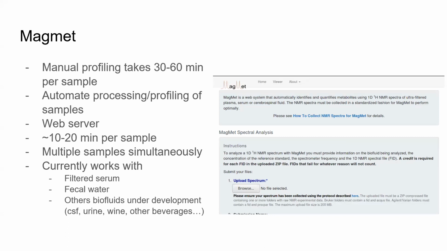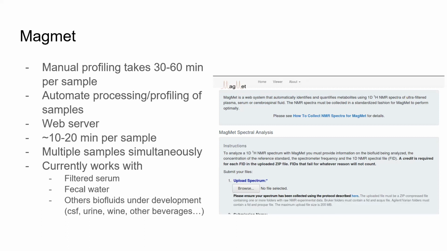There are instructions for how to collect NMR spectra and the specific file formats you need to upload a spectrum. Once you log onto the website, you can upload a spectrum, select a few options, like what type of biofluid it is. Currently, we have serum and fecal waters.